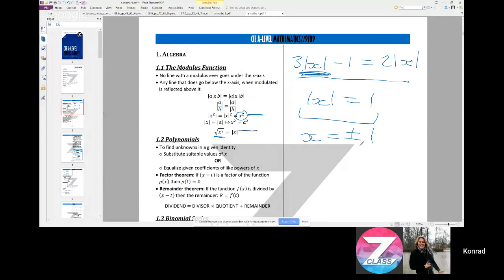I don't think they tend to do very much that's particularly complicated with modulus signs. At best, try and solve it by just doing things like this. Failing that, square them. But if you can just rearrange it into mod x equals something and then put the plus and minus in, that's the kind of ideal situation to be in.